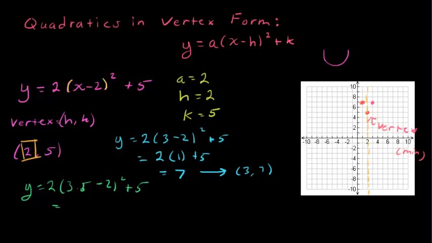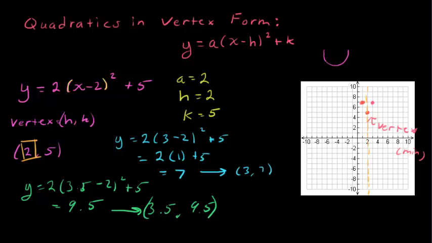And that'll give us 9.5, I think. Yes, I just used my calculator there, so 9.5. So this point right over here is 3.5 comma 9.5.